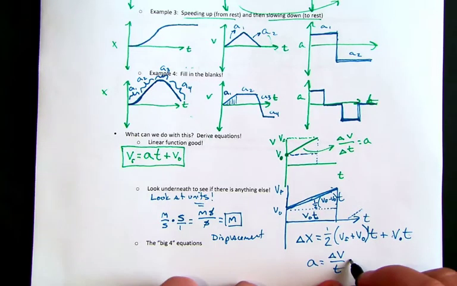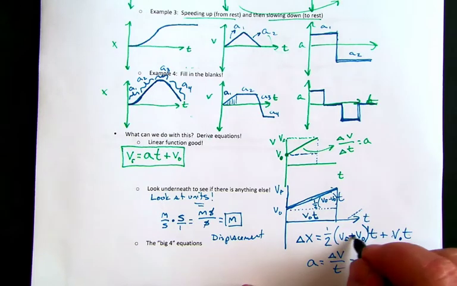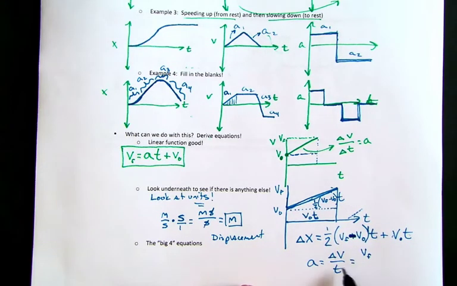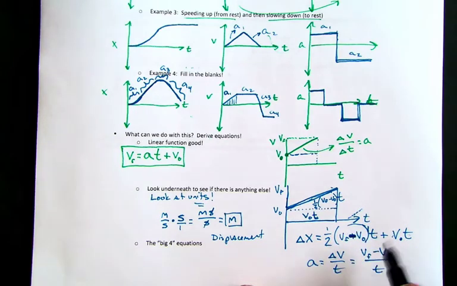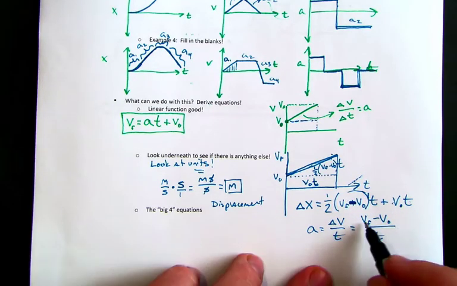Change in velocity is VF, sorry, that should be a minus sign up there, not a plus sign. That's what we had right here: VF minus initial velocity. Final velocity minus initial velocity, that's your change over time. You notice I have that same thing right here, VF minus V naught. So if I rearrange this equation to solve for that, I can plug it in right there.